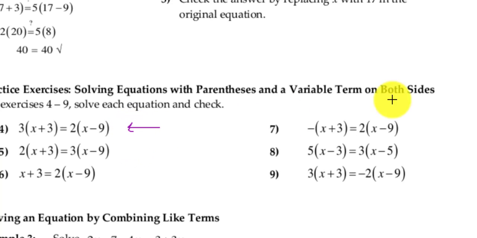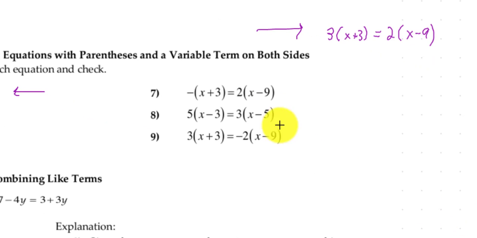I rewrote the problem on the right, and let's begin. Let's get rid of the parentheses by distributing. I am left with 3x plus 9 equals, and I'll distribute the 2 to get 2x minus 18.